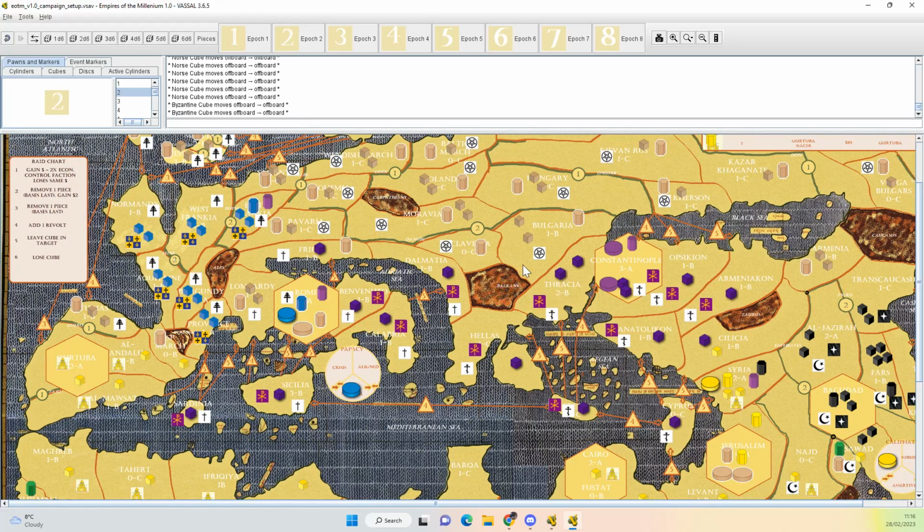So that would be their functions. They also break up the map in certain areas, like the Pyrenees break up Burgundy and the Spanish March. So you can't go directly from Burgundy to the Spanish March. You have to go around the Pyrenees there. So that's how the mountain areas work.